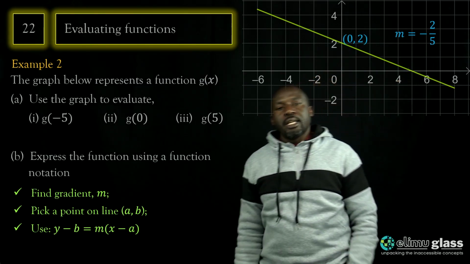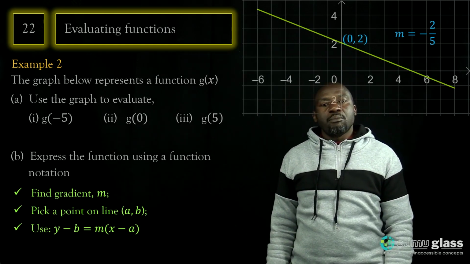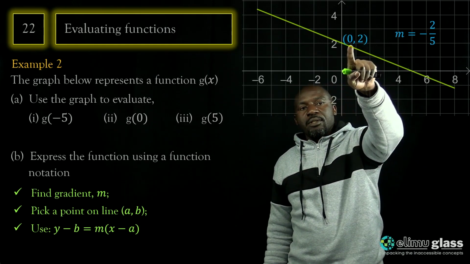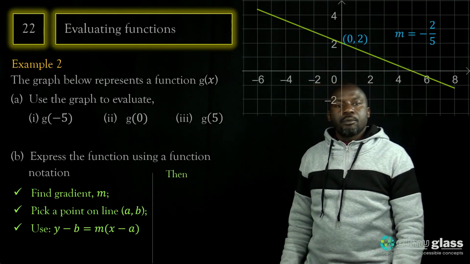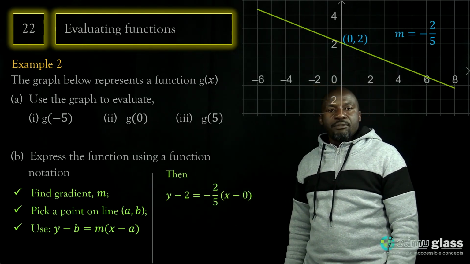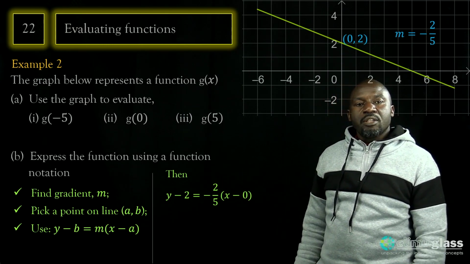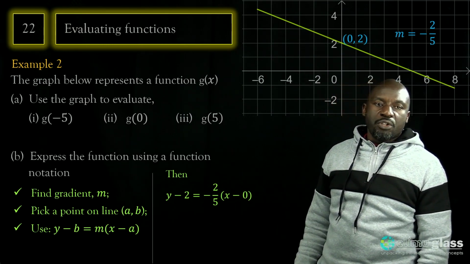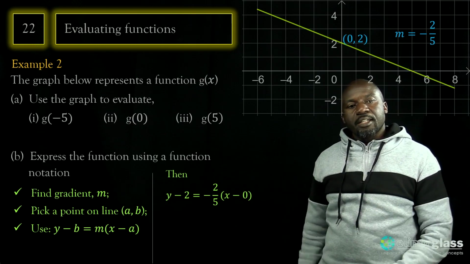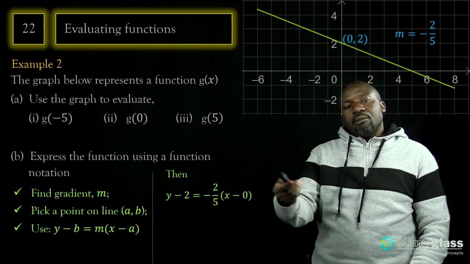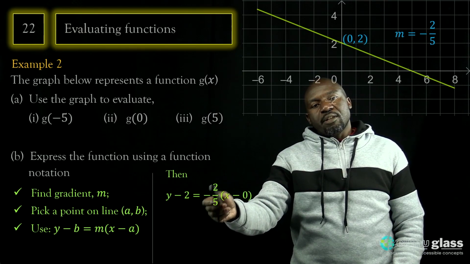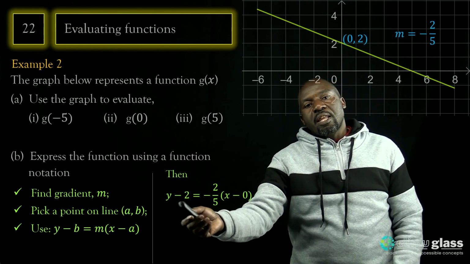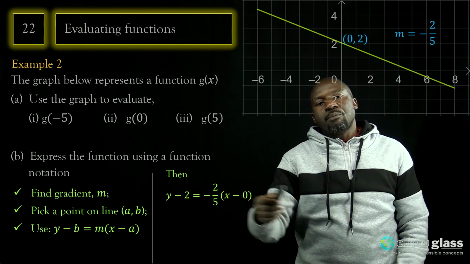All right, so let's see. Substituting the values of a and b, our a is 0, our b is 2 there. So if we substitute that, write it on this side, we have y minus 2 is minus 2 over 5, which was the gradient, into bracket x minus 0. This disappears, so if we rearrange, we are only left with minus 2 over 5x, and that negative 2 comes to this side and becomes plus.